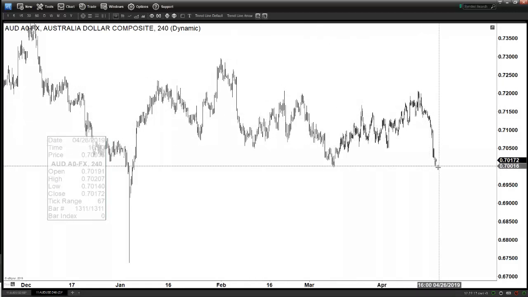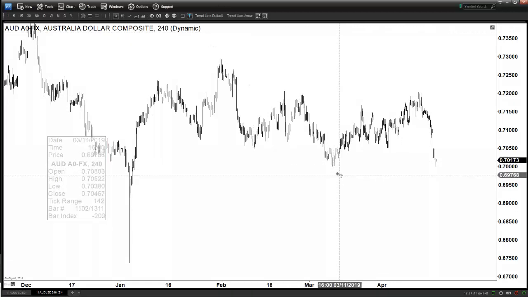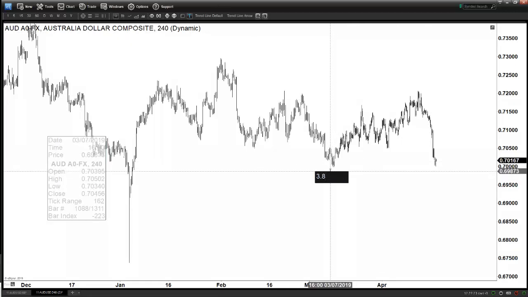Now over here we can see this low on March the 8th comes at around, let me see here, 0.6999, right? That one is on March the 8th.